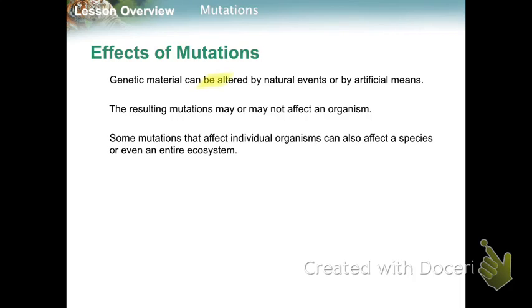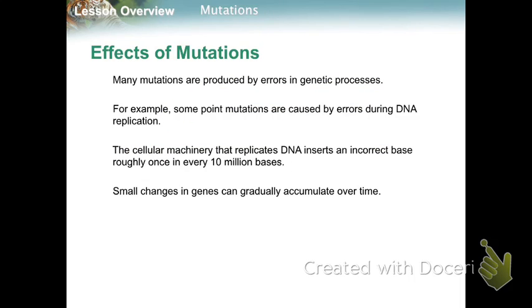Alterations like this can happen naturally or artificially. We'll talk about artificial alterations next set of chapters, which is genetic engineering. These mutations can affect an organism or maybe not. Some mutations that affect individual organisms can also affect an entire species or even an entire ecosystem.